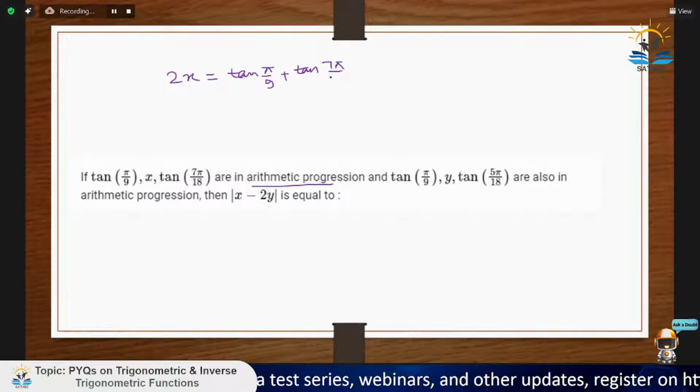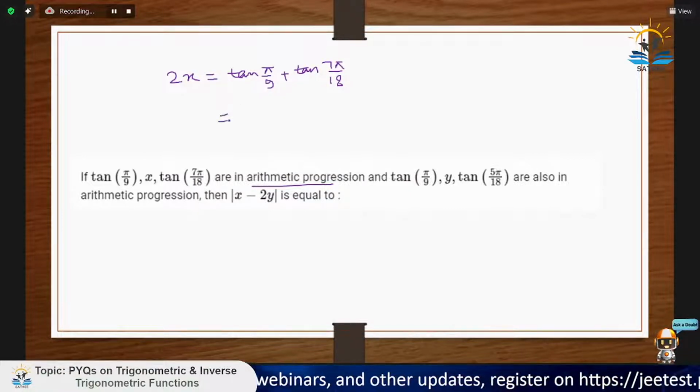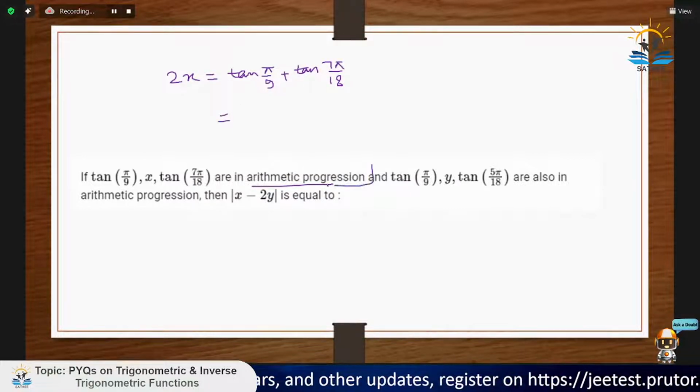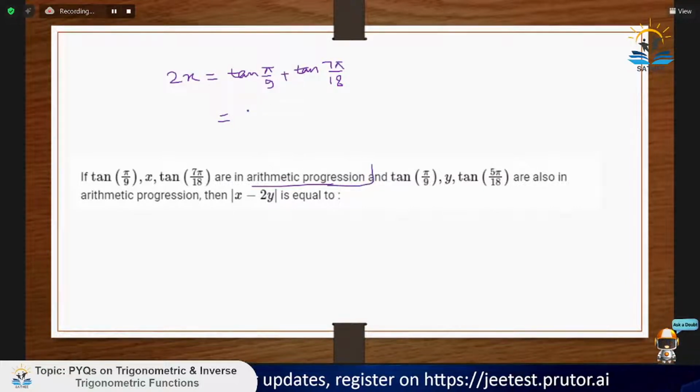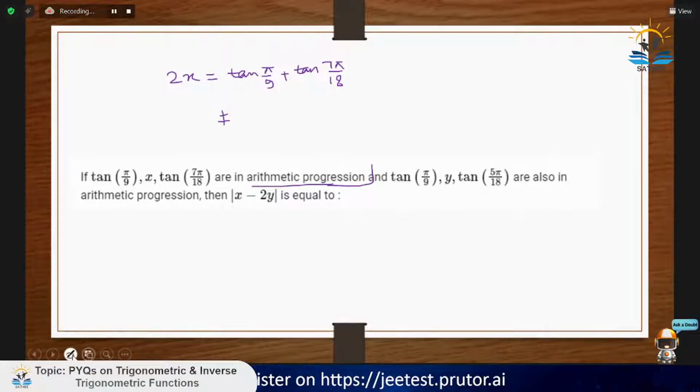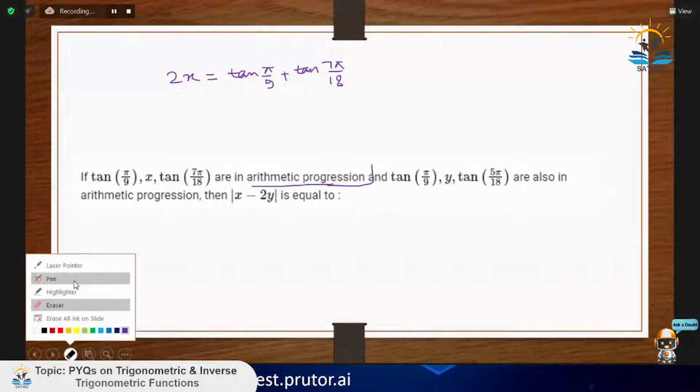Okay. Then use the tan a plus tan b formula. Actually, you can't solve it because you know the formula for tan of a plus b, not tan a plus tan b. So let it be like that only.